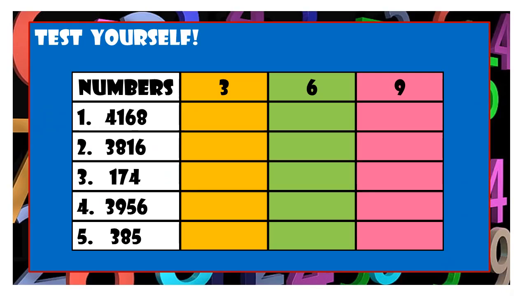Do you want to know the right answers? So let's begin. First, 4,168. Is it divisible by 3? No, it is not divisible by 3 because if we add all its digits, 4 plus 1 is 5, plus 6, 11, plus 8, the sum would be 19. 19 is not divisible by 3.